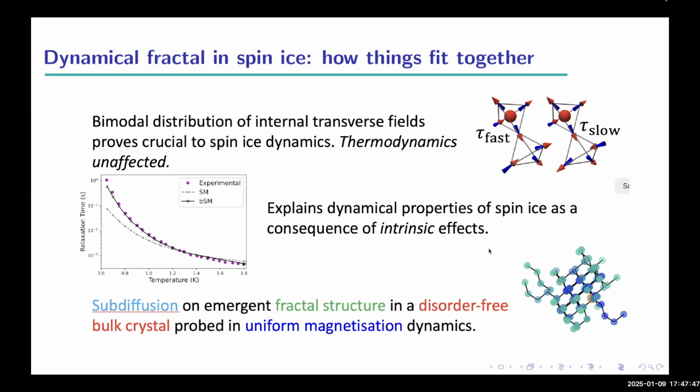And what's so beautiful about it, I find, is the various layers on which different types of physics act together, so that you can use an extremely simple measurement, namely the uniform magnetization, to say something about what's going on at the lattice scale. So you measure the uniform magnetization in a disorder-free bulk crystal, at least one where disorder doesn't play a role. And then what you're able to say is that on that microscopic scale, the monopoles move on a fractal structure and they move in a way that amounts to subdiffusion.